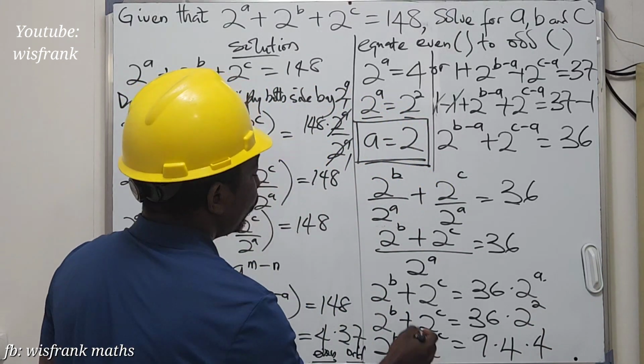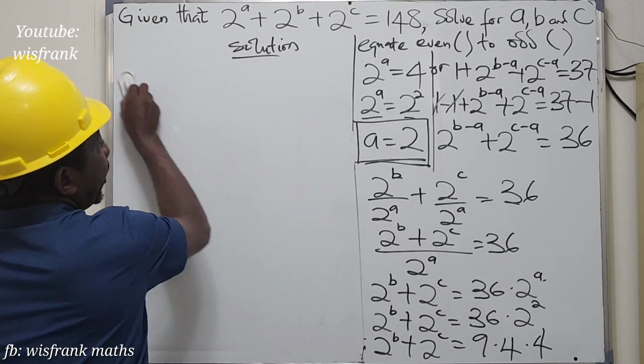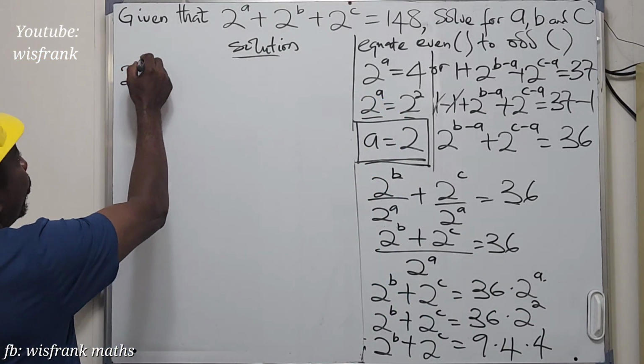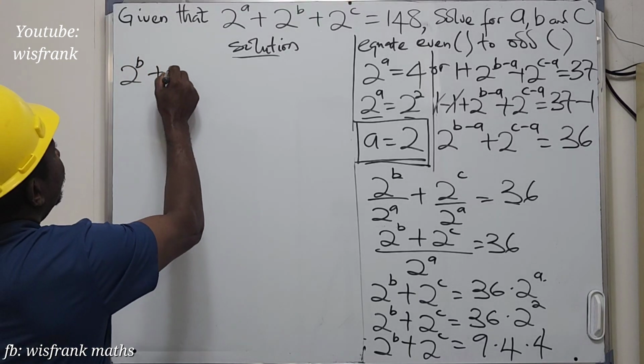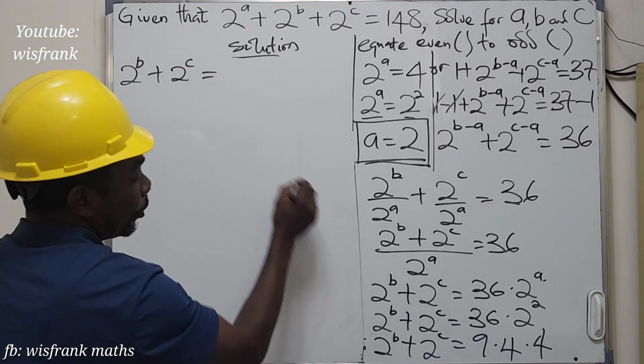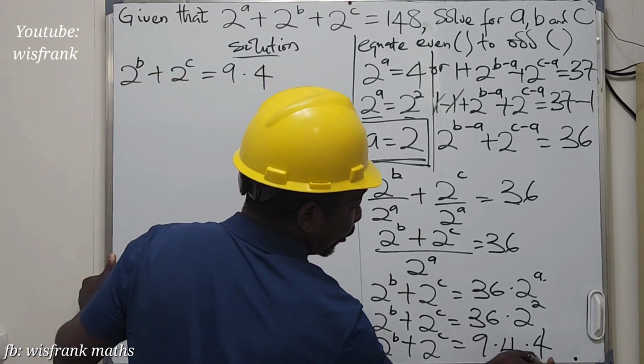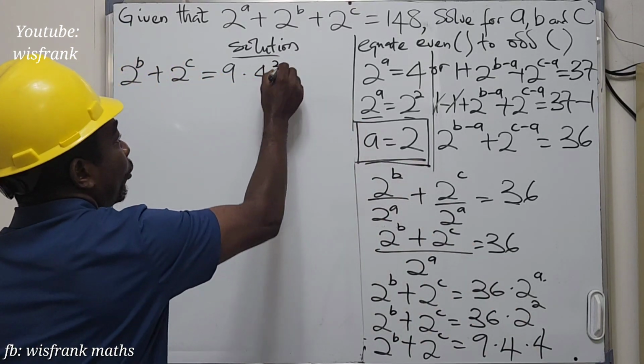So here we can move over to the other side. We clean this. As we said, we have 2 to the power of b plus 2 to the power of c equals 9 times 4 times 4, which is 4 to the power of 2.